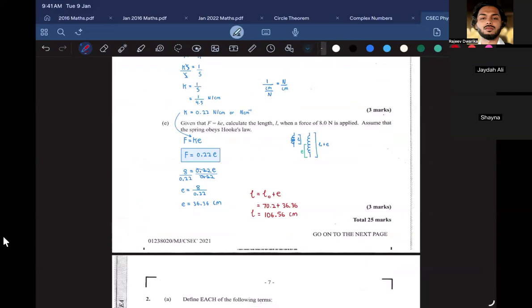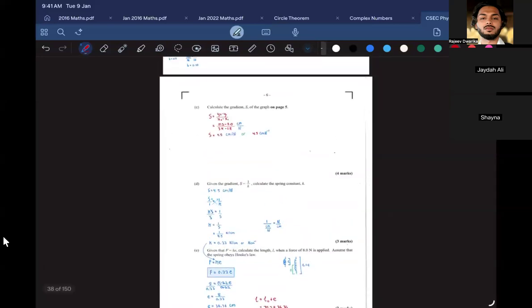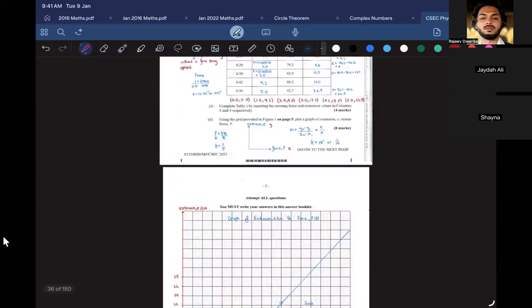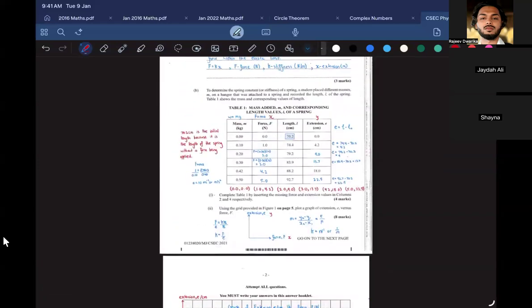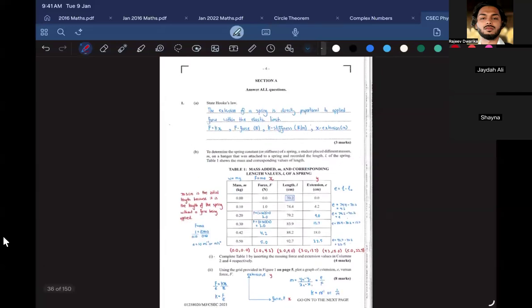Yes, sir. So let's count how many marks our whole question was. It says 25 here, but let me not trust it. 3 plus 3 is 6, 6 plus 4 is 10, 10 plus 8 is 18. Well, that's a lot of marks. Jada, you see 25 marks for that one question? That's a lot of marks.